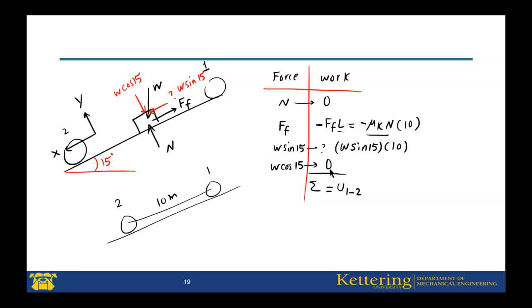Now the summation. If I just sum all of these, it will be minus mu k multiplied by N times 10 plus W sine 15 multiplied by 10. We have the weight. We have the coefficient of friction. But we do not have the normal force. How can I find the normal force?